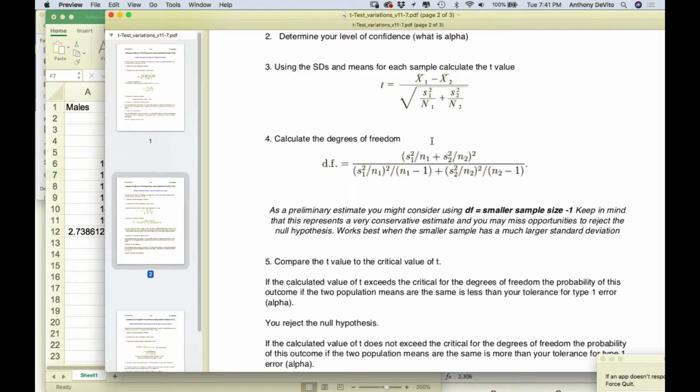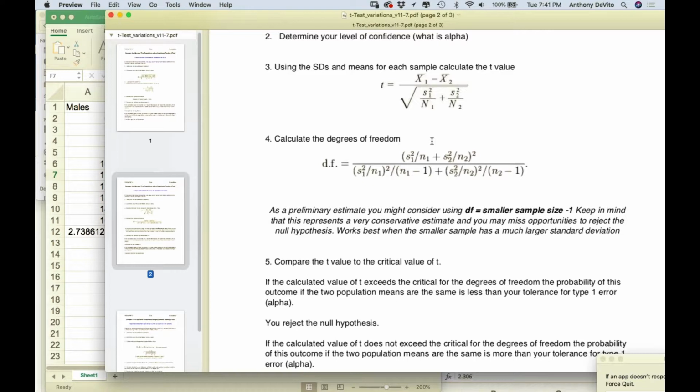Most of the time, what people will do instead of figuring out that formula is they will say, I'm just going to take the sample size of the smallest group and subtract 1. That's a very conservative way of handling this. So 9 minus 1 is 8. I'm just going to call it 8 degrees of freedom.